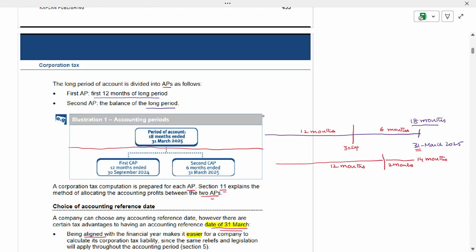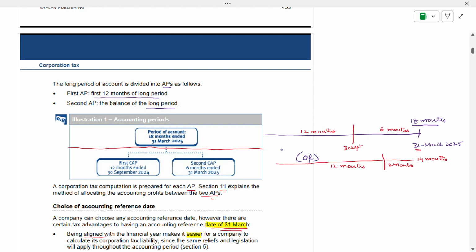See the thing. 31st March means they have taken 30th September, the last 6 months. The first 12 months will be the first 12 months, and the remaining balance is 6 months. What is wrong with that? So this 12 months started from 30th September? No, first 12 months.